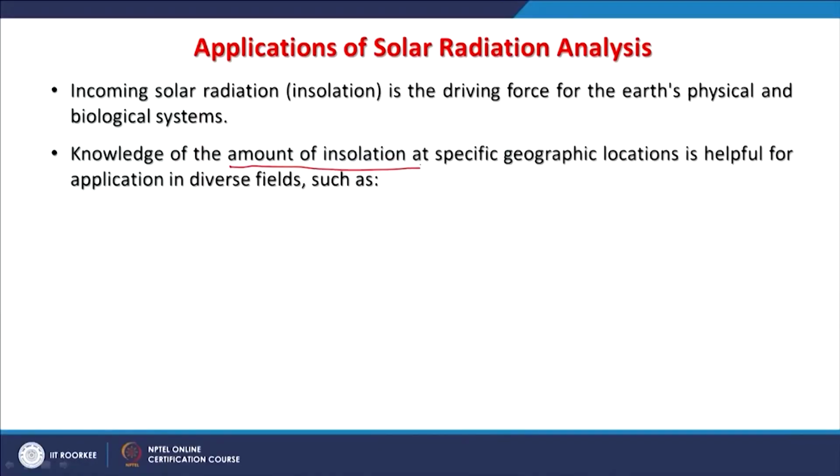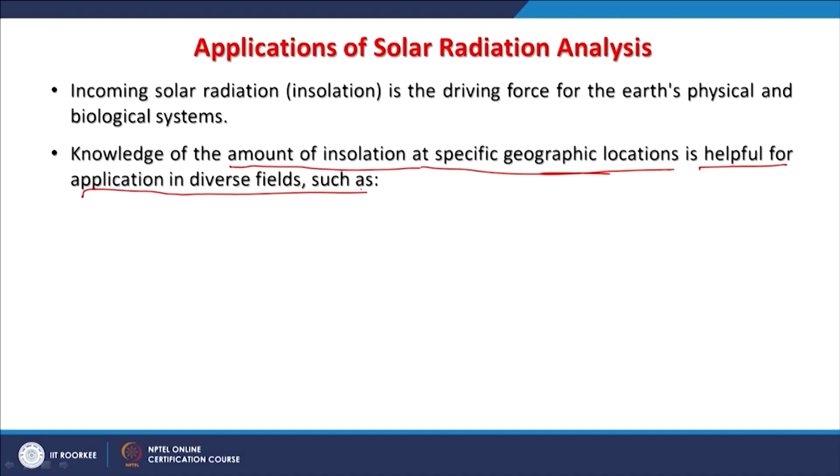If we have good information about any area about direct or indirect solar radiation, then that can really help to do a lot of other work for energy generation or thermal or other parts. So, the amount of insolation at a specified geographic location is helpful for applications in diverse fields.